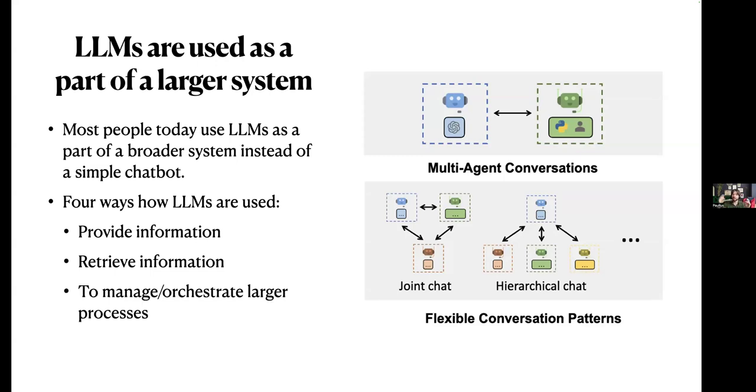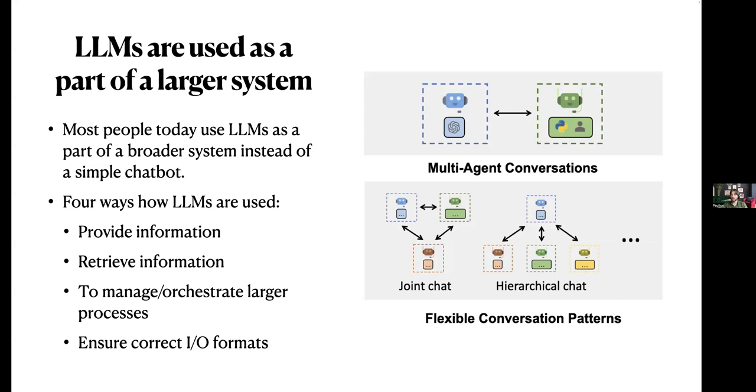They can manage or orchestrate larger processes, which means you plan out how you're going to solve the task, implement each task independently, decide when to go to each task, and build internal if-else statements.